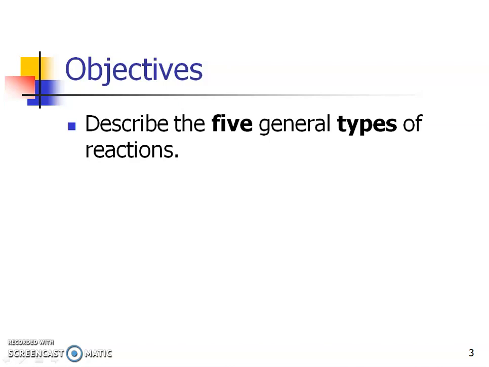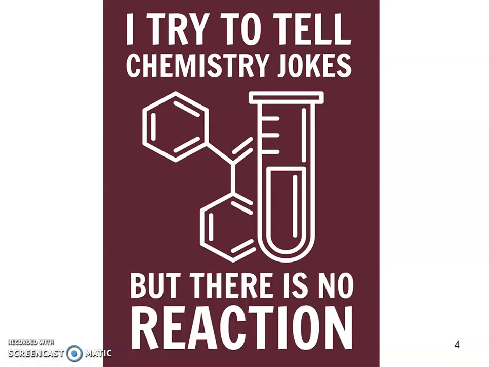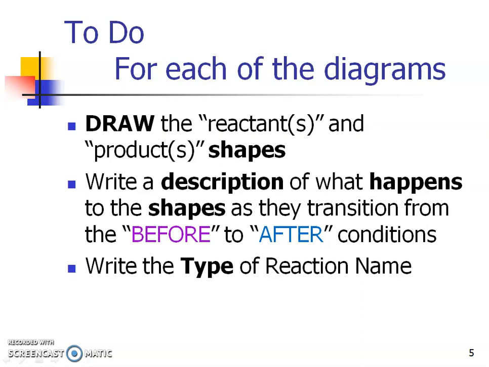So now you've seen many reactions and you've been able to balance them, but now can you categorize them into 5 general types of reactions? Again, what I'm going to have you do is draw the diagrams. You're going to have to draw the reactant shapes and the product shapes.